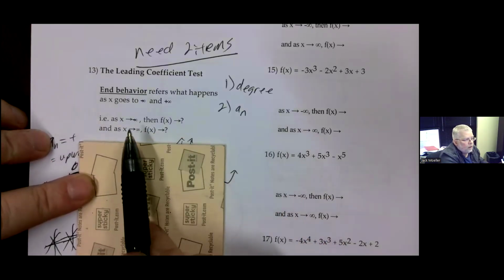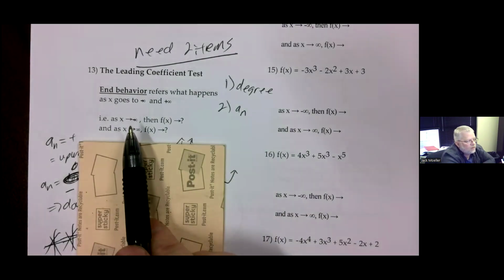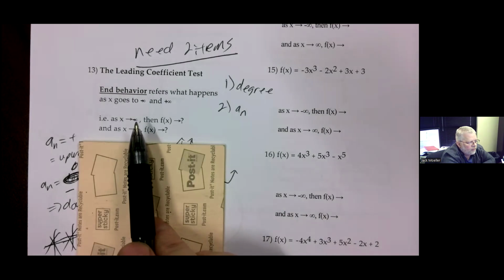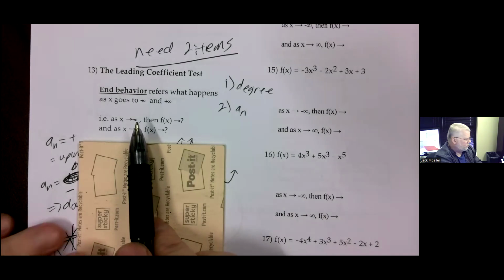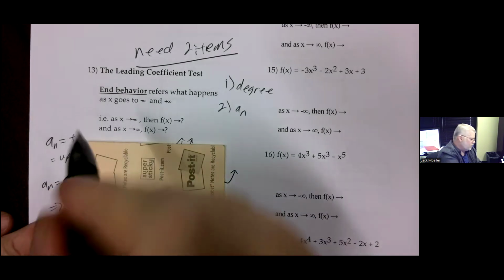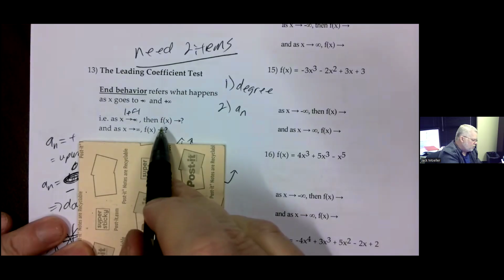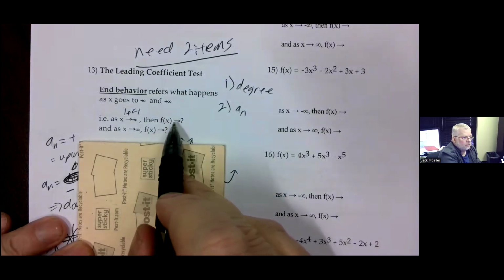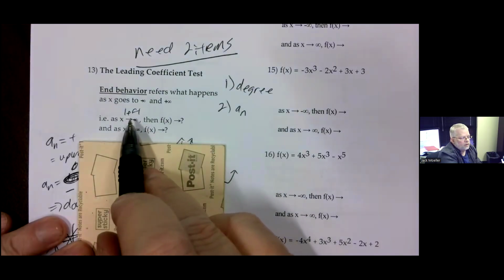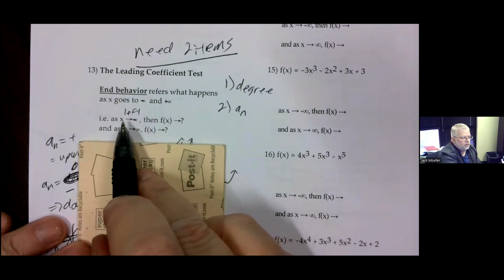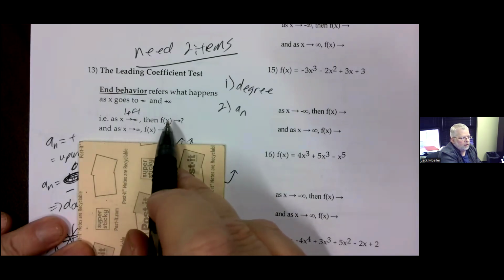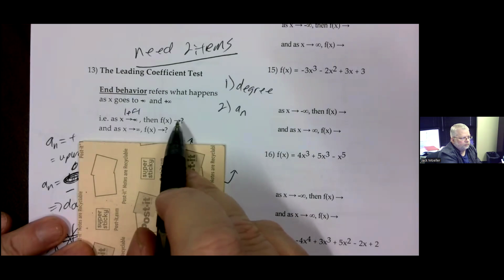Okay. Now, sorry, that's kind of small, but that is x goes to negative infinity. So if x is going to negative infinity, what does that mean your graph is doing? Well, negative infinity for x is to the left. So this says as x goes left, then remember f of x is y, so what is happening? That arrow means goes to or approaches, so as x approaches negative infinity, then f of x approaches what?